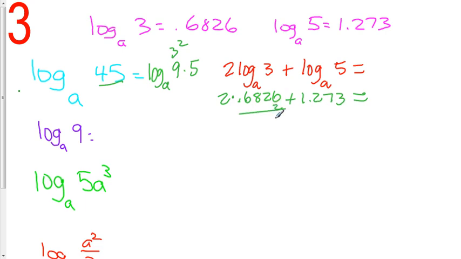So 2 times that is going to be 1.3652, and 1.3652 and 1.273 then have to be added together. And you get a final answer of 2.6382.